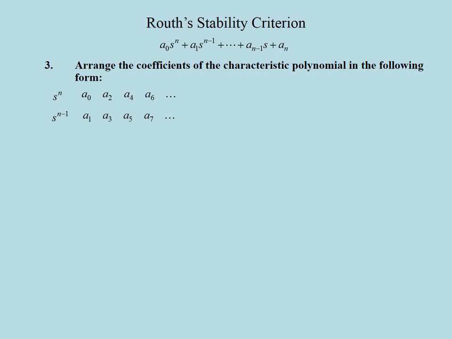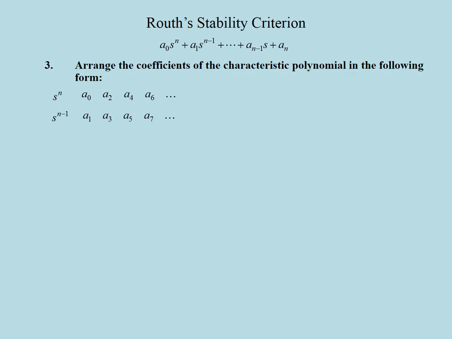Note that the first row is called s to the n and the second row s to the n minus 1. That is, the powers of s corresponding to the leading coefficients of each row. We are going to name the other rows in the same order. In a Routh array, the elements of each row are computed from the previous two rows as the negative of some determinants divided by the leading element of the previous row.